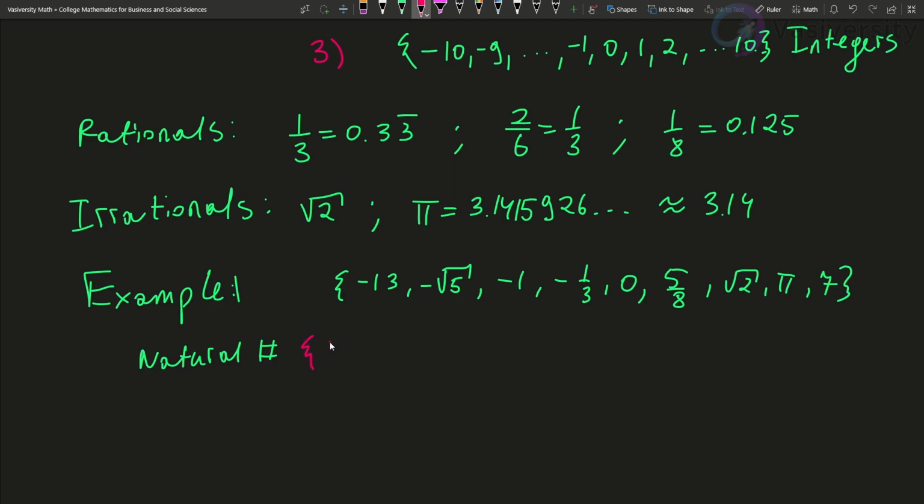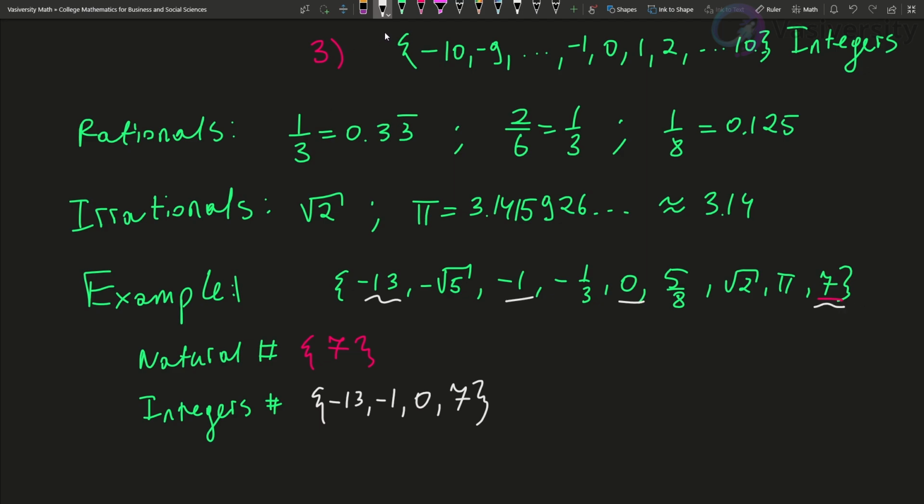We're going to have 7. 7 is the only natural number here. Then how about integers? So here we're going to have -13, -1, 0, and 7. -13, -1, 0, and 7 once again.